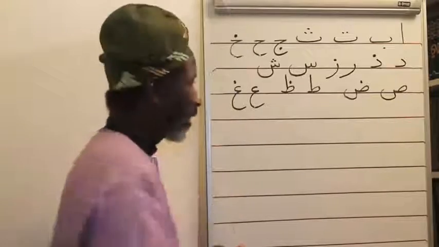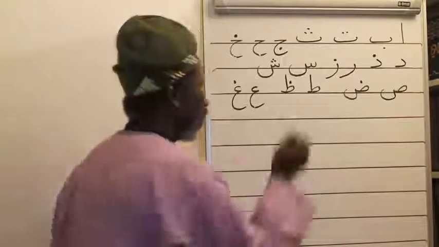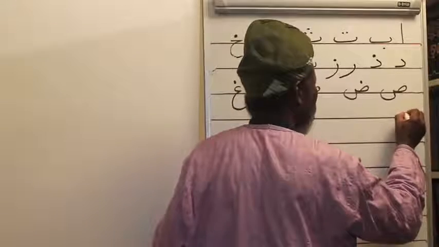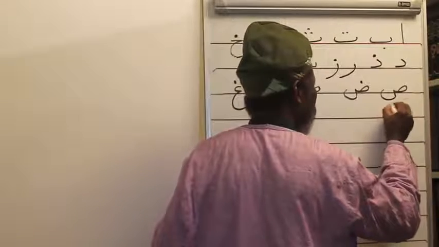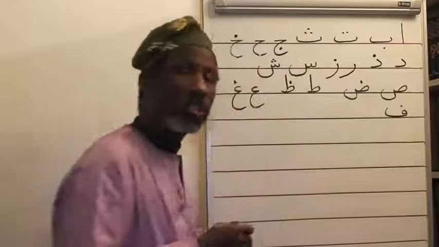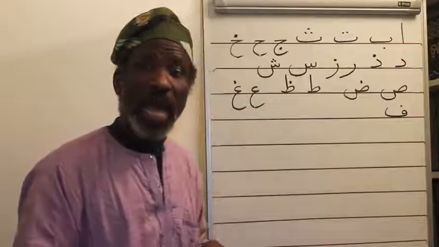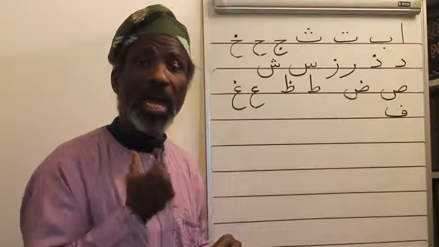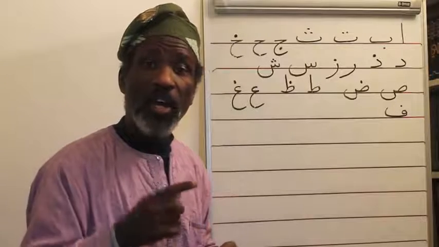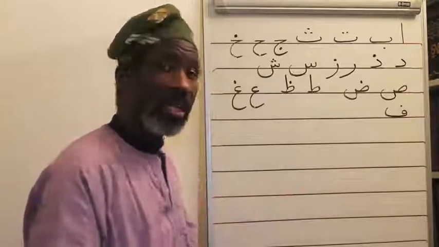Right, the next letter, two in the family as well. So we have this one with one dot. That's Fa, Fa. That's very simple. Fa, like F-A.